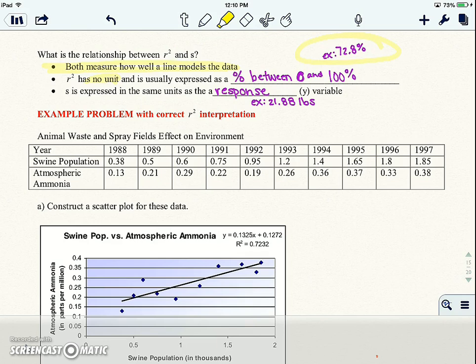So we're saying that 72.8% of the change in weight could be accounted for by the variation in height. s is expressed in the same units as the response variable. For example, we said that our average error would be 21.88, or our standard deviation of the errors would be 21.88, meaning our predicted values could be plus or minus 21.88 pounds on average. And again, that was that height weight one.